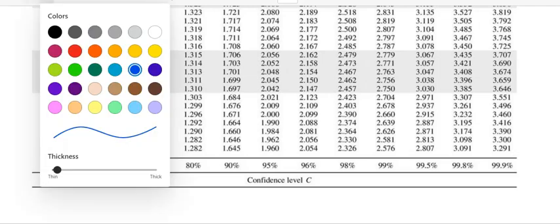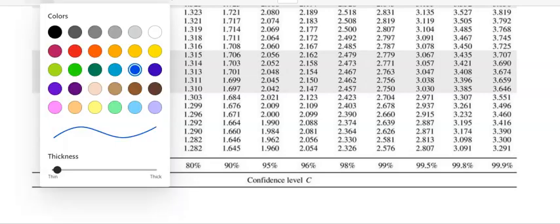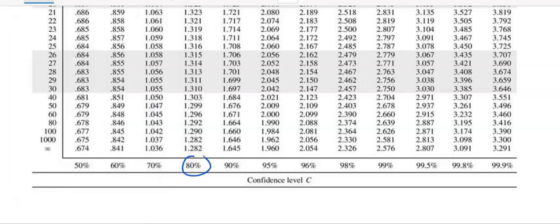On this T-chart, right at the very bottom, we see a confidence level right here of 80. That confidence level goes with a Z-score right here of 1.282.